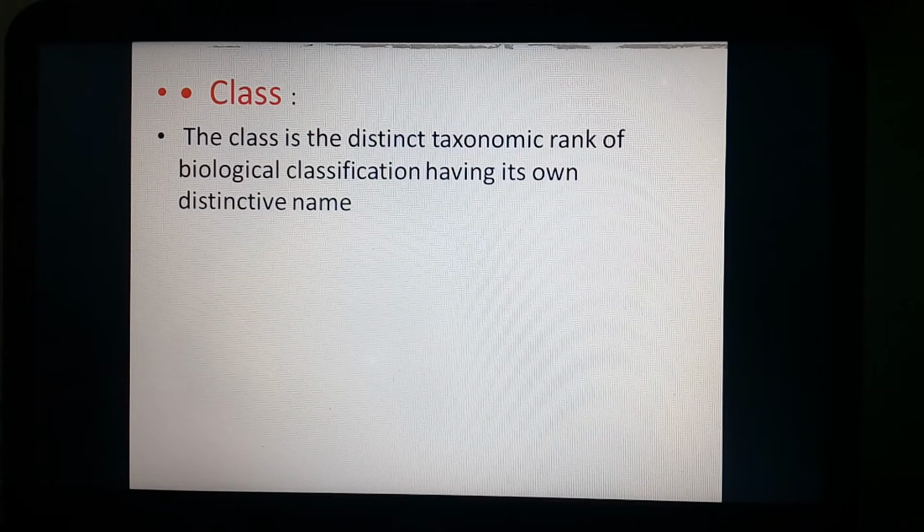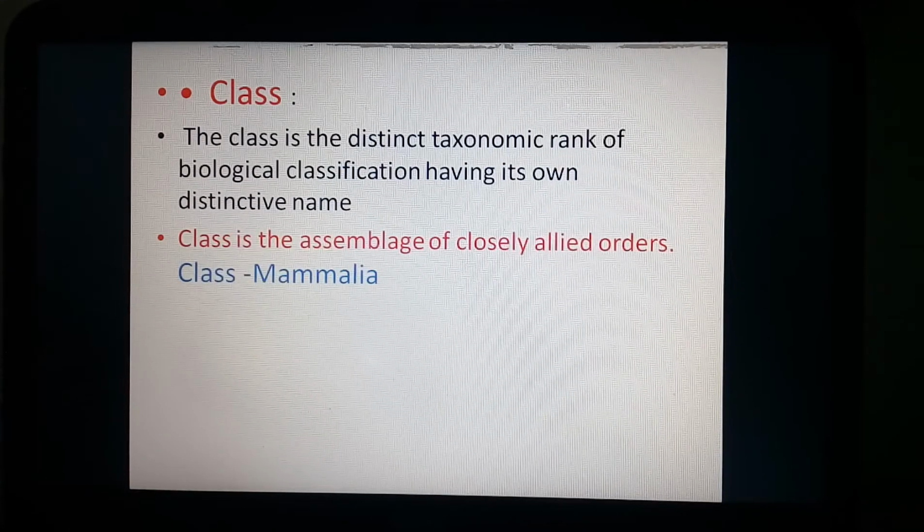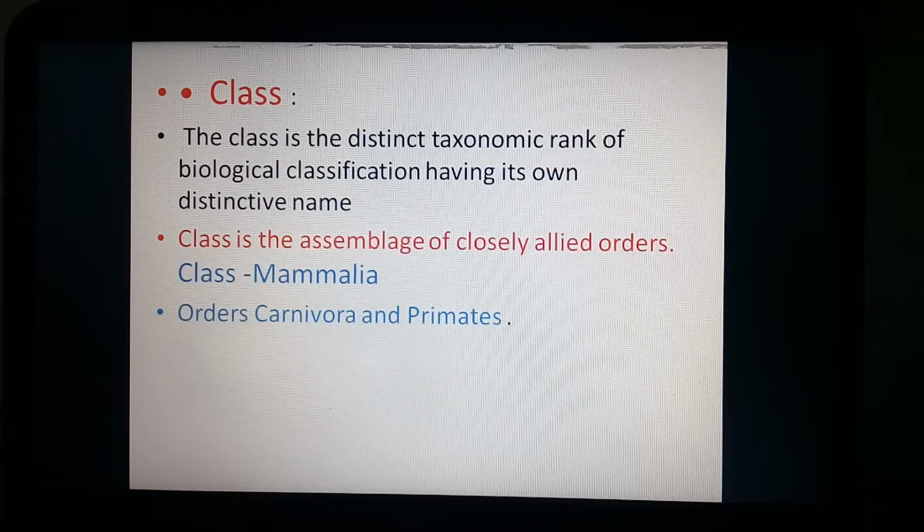The next one is class. The class is a distinct taxonomic rank of the biological classification and has a distinct name. Class is an assemblage of closely related orders. So class Mammalia: order Carnivora and Primates. In order Carnivora, as we just discussed, cat, dog, lion, leopards come.